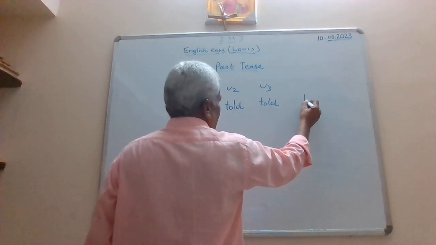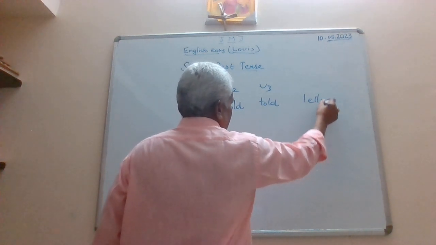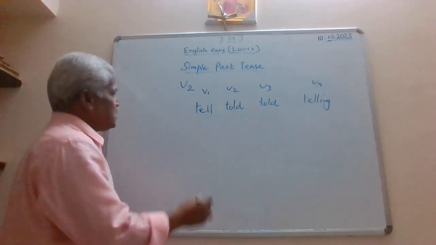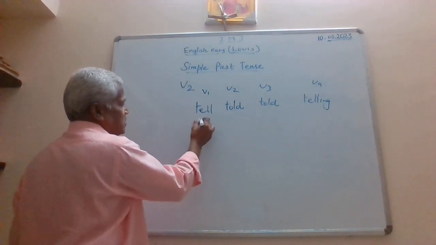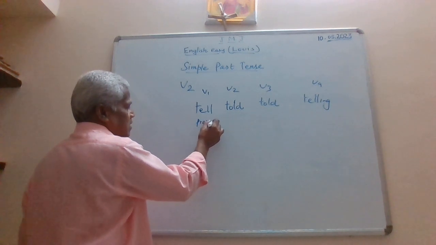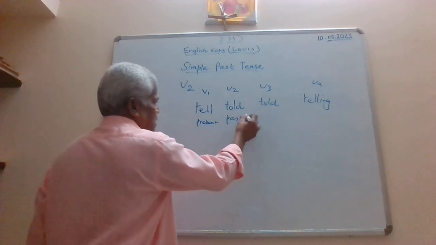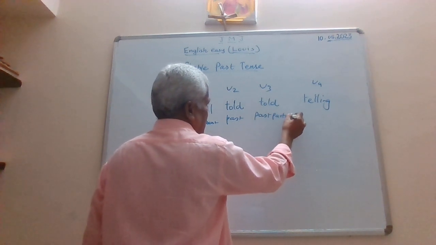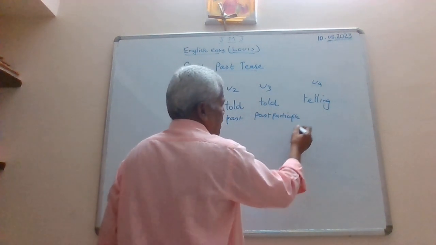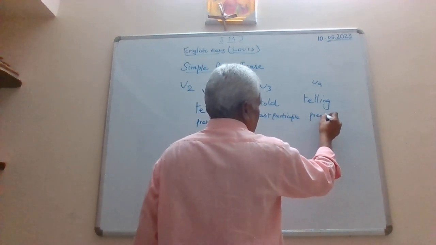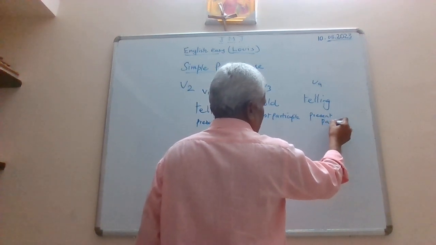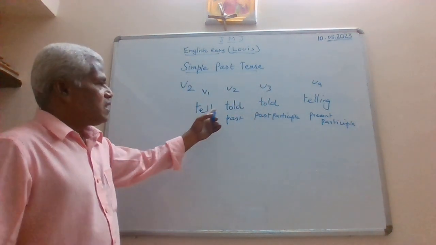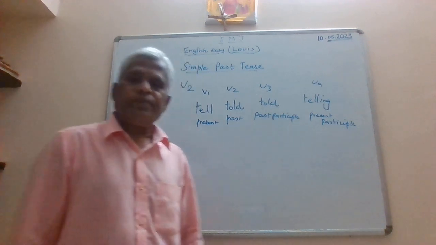Of course you have telling as well, but this is known as present participle. See, this is present, this is past, this is past participle, and this is present participle. Okay guys, so tell, told, told, telling.